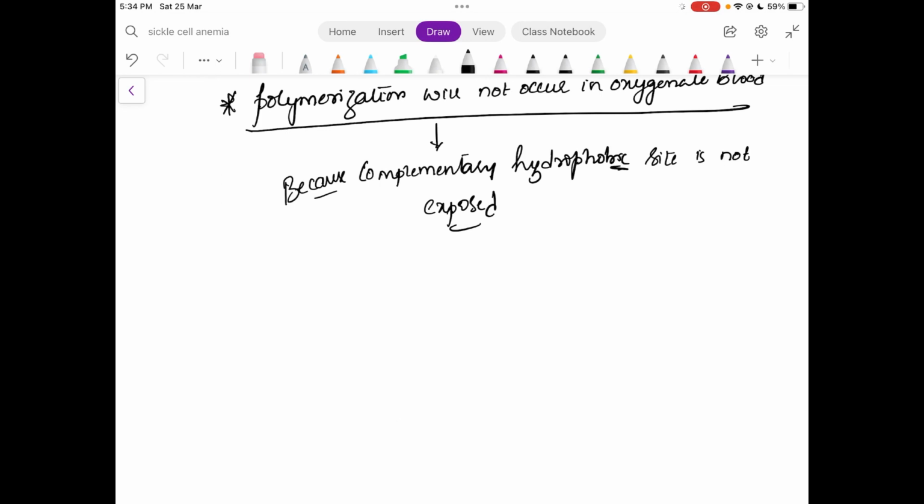That's why sickle cells are not seen in oxygenated blood. And normal deoxyhemoglobins don't have any sticky patch, but they will have a complementary site.